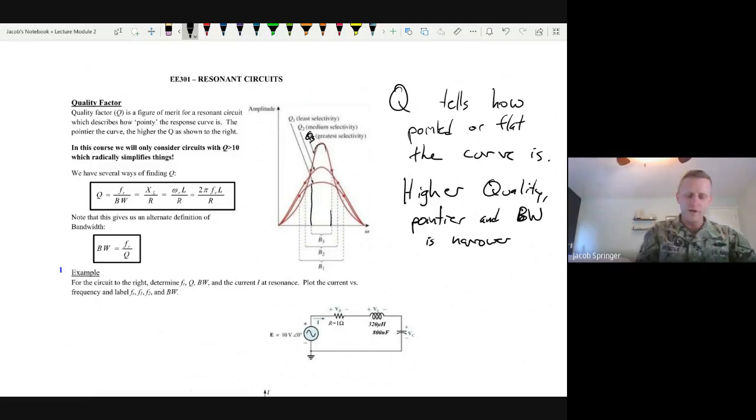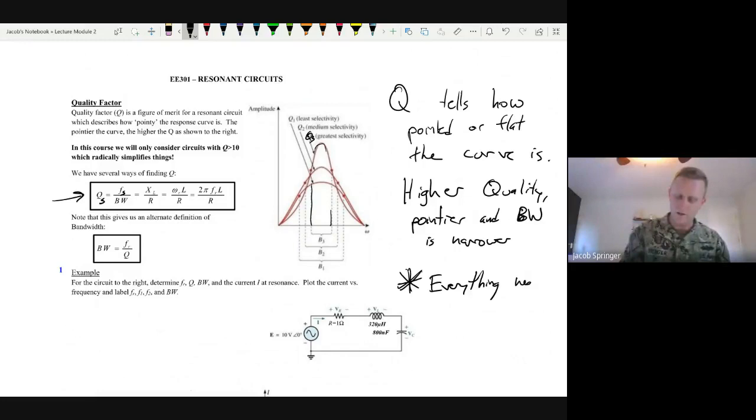We have different ways that we can solve for the quality right here, and I think on the equation sheet it calls it QS, and it calls this FS. We'll flip over to the equation sheet in just a sec to discuss all these, because the other thing to note is that everything needed to solve for resonant is on the equation sheet.